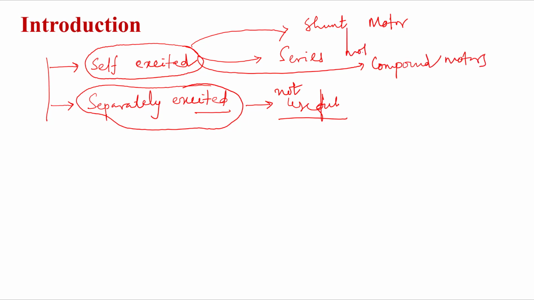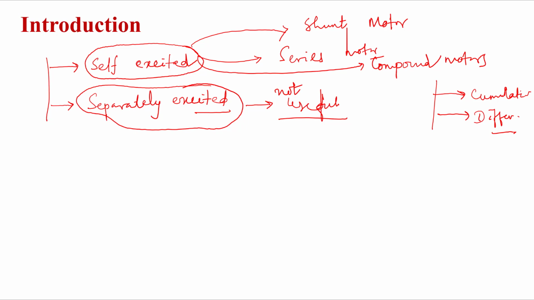And of course we know there are classifications in compound motors, like cumulative and differential compound motors. And based on the connection of the field winding, we have short shunt and long shunt compound motors. So now we'll talk about these motors gradually.